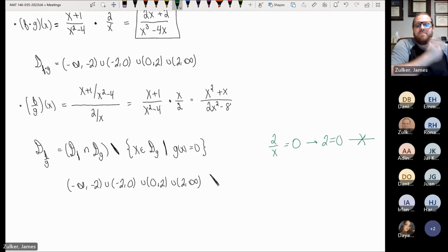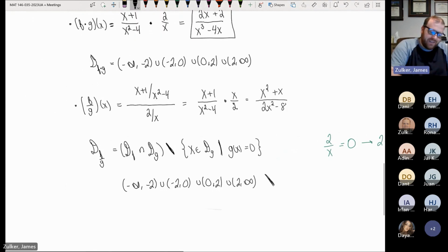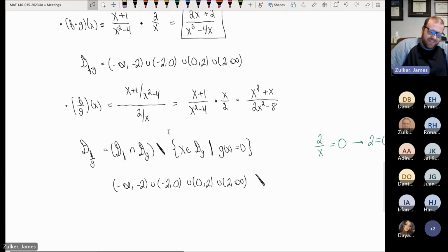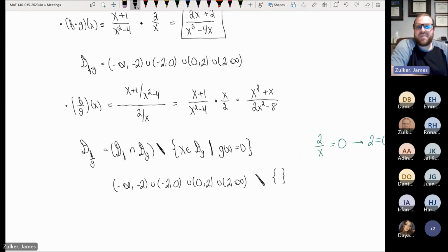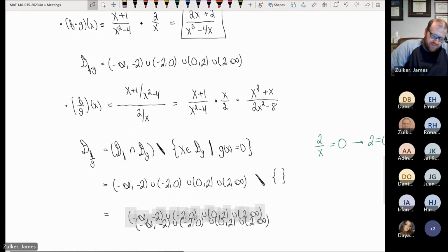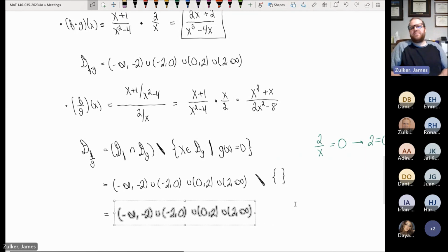Right? 2 over x equals 0 would mean that 2 is equal to 0, which is a contradiction. That means that this part here is the empty set. So there's nothing to remove. So the domain is the same.